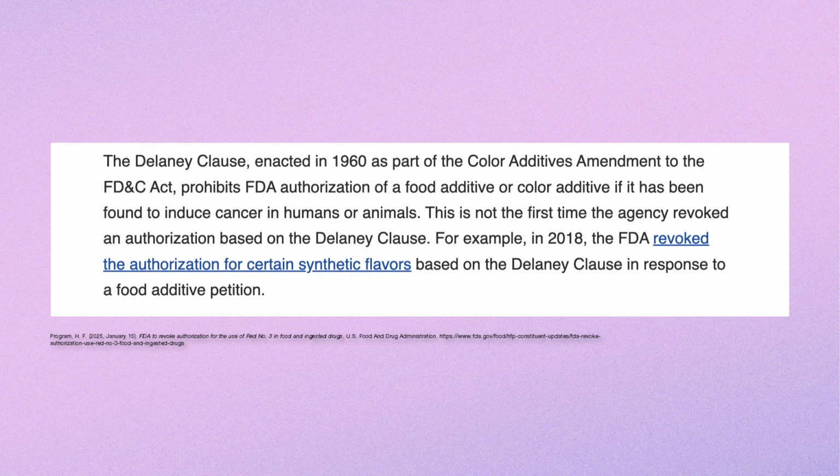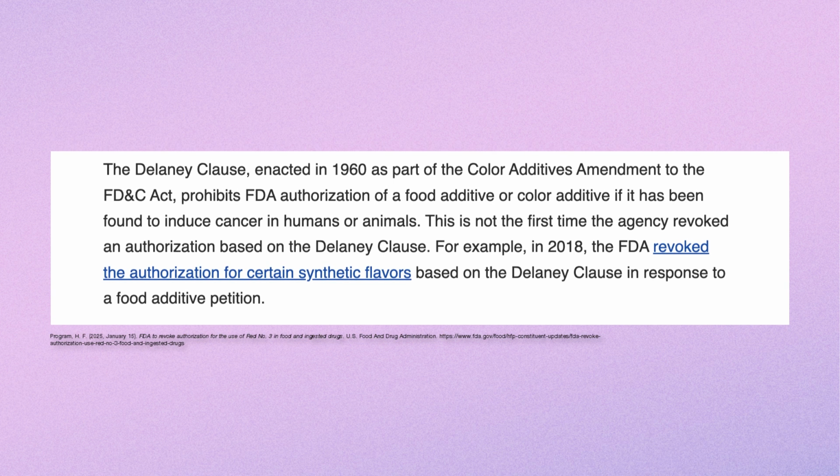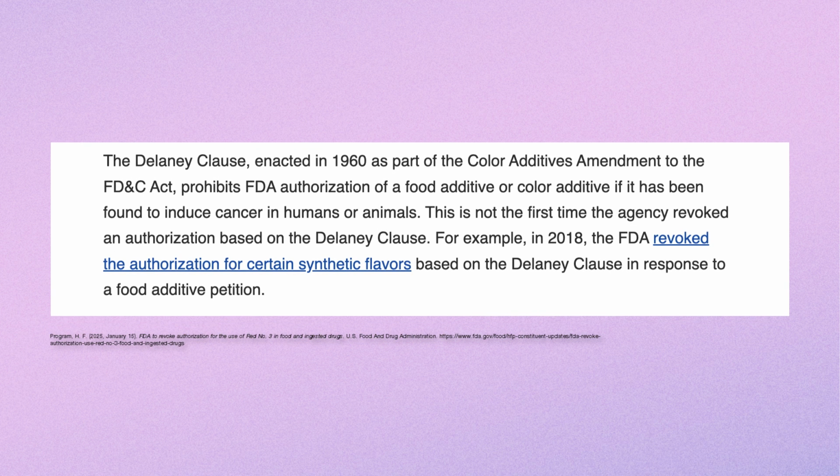So in 1960, the Delaney Clause was enacted by Congress, and it states that the FDA does not have the authority to authorize any food dye if it has been shown to cause cancer in humans or animals. So this is very, very important when looking at the history of Red 3, and also if we talk about other food dyes.